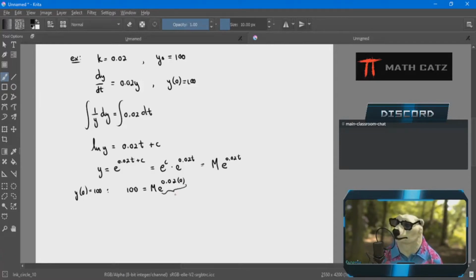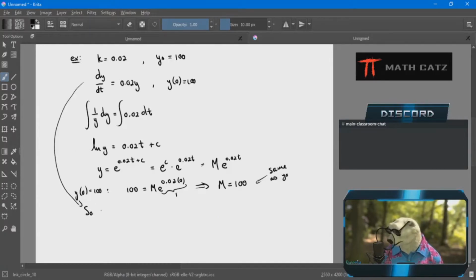And so e to the 0 is 1, and that leads me to this integration constant being 100, which is the same as my initial population size. So my function, which is the solution to the differential equation, is y as a function of time: initial population size, e to the 0.02 growth constant times t.